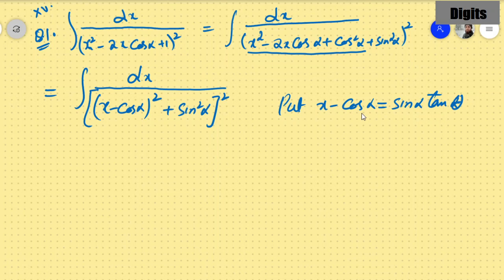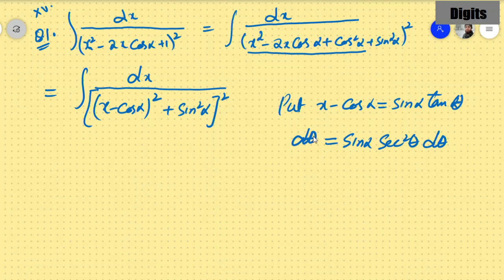Note that cos alpha is a constant term and sin alpha is a constant term, so we differentiate with respect to theta. Therefore dx, the second term will be 0, is equal to sin alpha, and the differentiation of tan theta is sec square theta d theta.